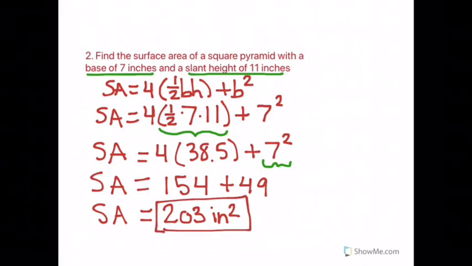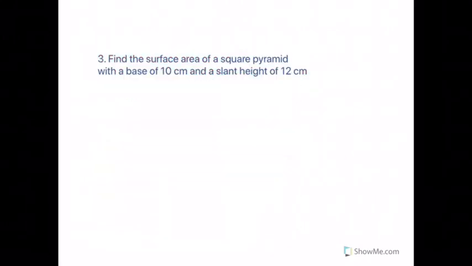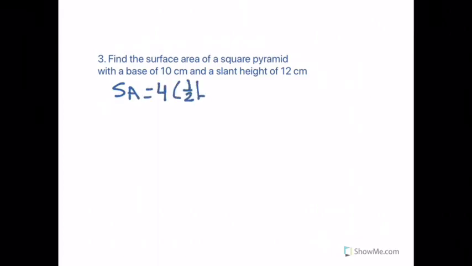Let's just try one more. Again, every time just following these same steps. All right, number 3, find the surface area of a square pyramid with a base of 10 centimeters and a slant height of 12 centimeters. Show your formula every single time. 10 is going to go in for B, the base, and then for the slant height, H is 12.